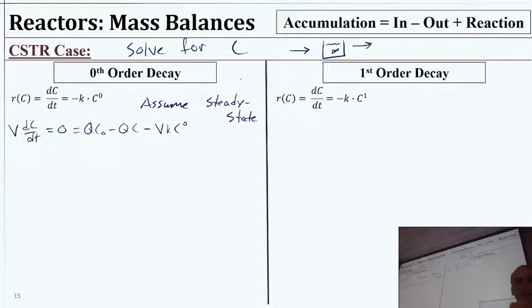Steady state means that the accumulation goes to 0. So that means the amount of stuff in our chamber is at a steady condition.